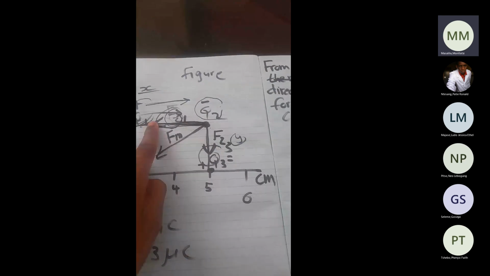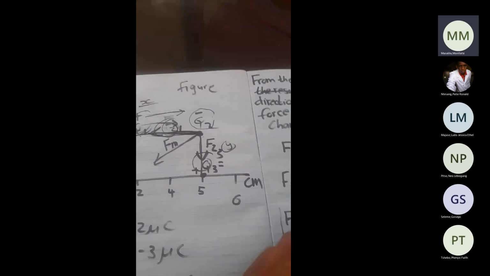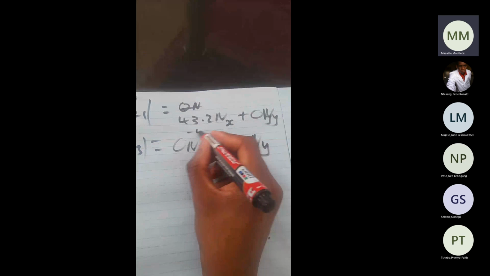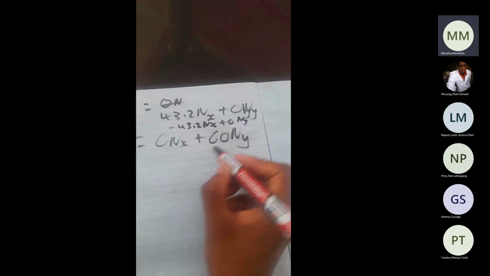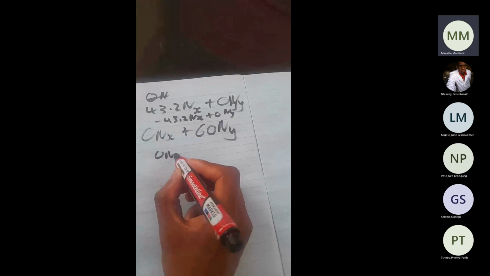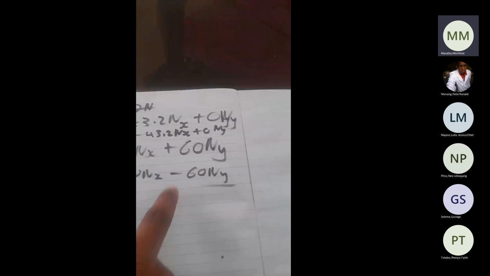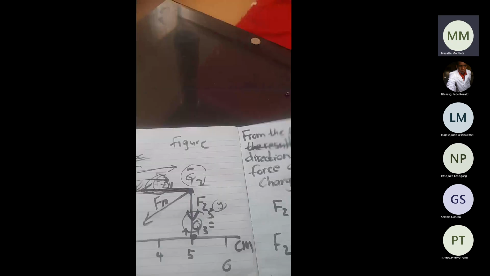So you can present it like this: negative 43.2 newtons X plus 0 newtons Y, or 0 newtons X minus 60 newtons Y, showing that this one goes down.